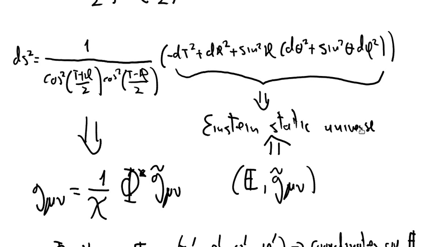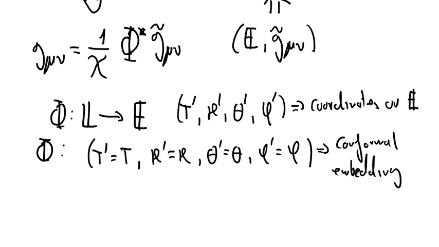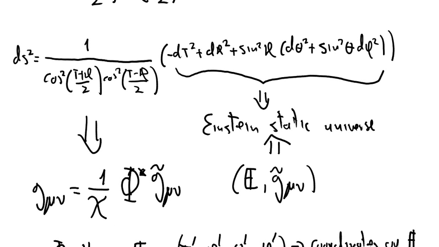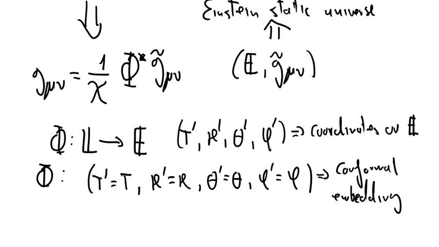Because now if we take the Einstein static universe and write it in terms of the prime coordinates, perhaps it's better if I just write it down.